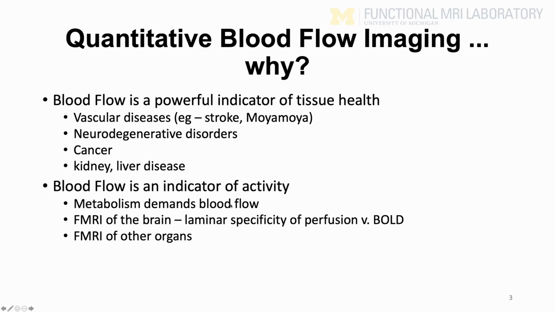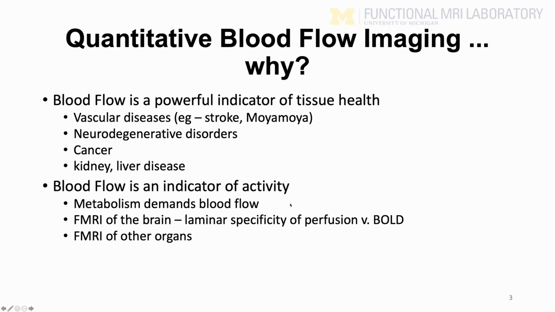But more important and dear to my heart is that blood flow is also an indicator of activity because metabolism demands blood flow. And when there's more activity, there's more metabolism and the blood flow goes up. And this is what allows us to do fMRI. A very interesting thing is that functional MRI done with blood flow related techniques like VASO and so on is much more specific to the activity than the BOLD effect is.